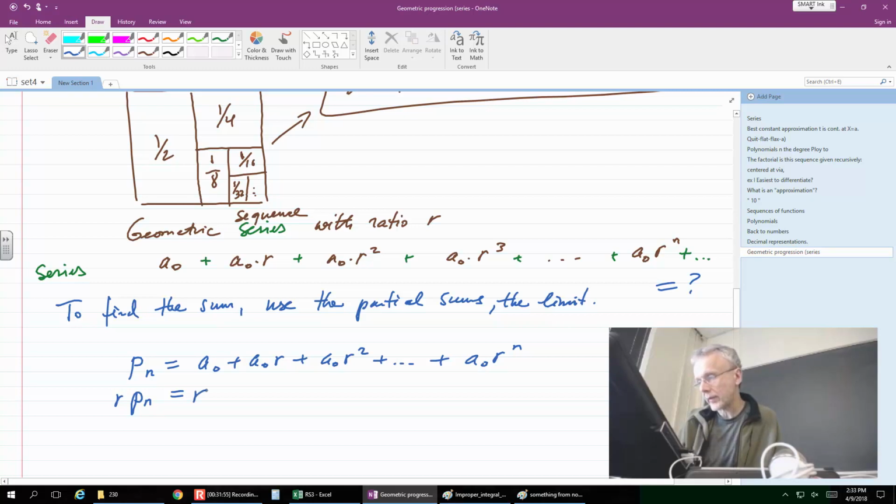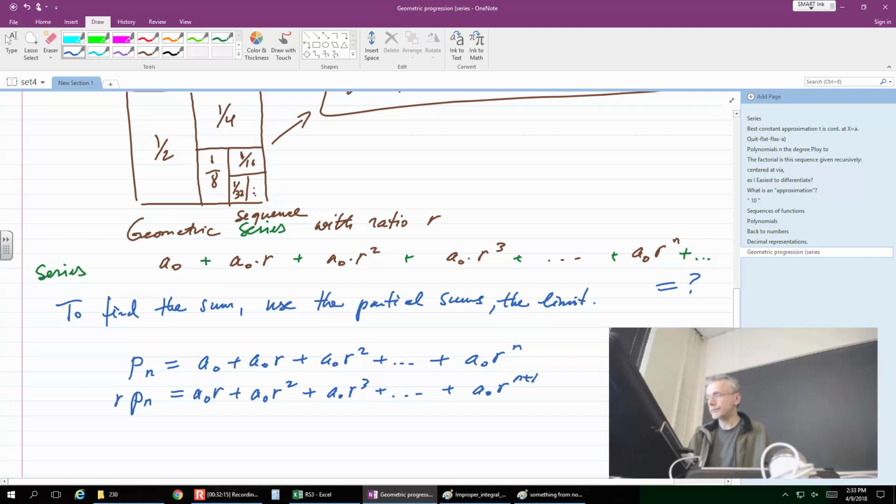So I multiply everything by r. So r a naught, or a naught r. The next one, the power of r increases by 1: a naught r squared plus a naught r cubed plus, and so on, up to a naught r^(n+1).